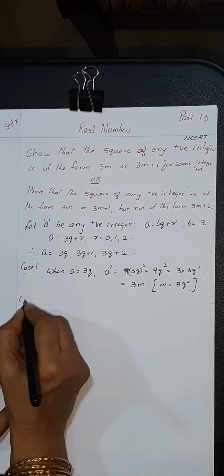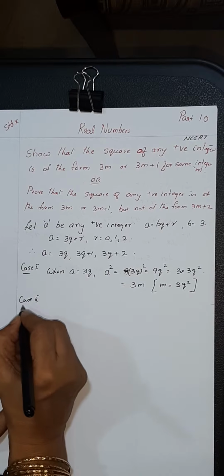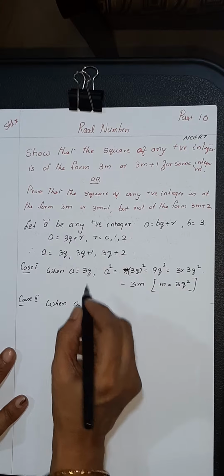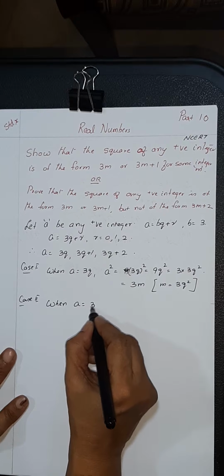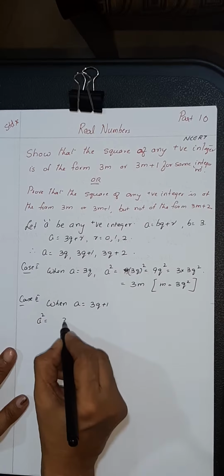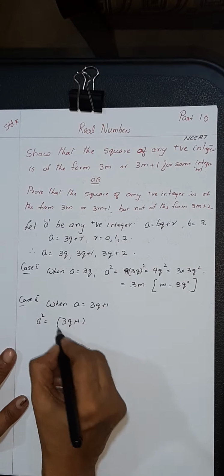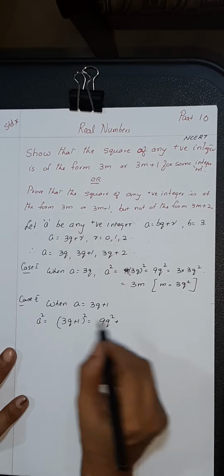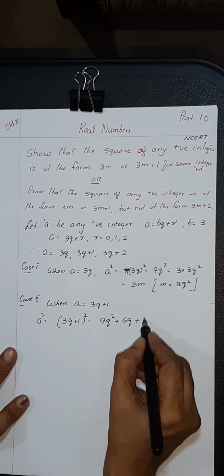Now when a is equal to 3q plus 1, a squared is equal to 3q plus 1 the whole squared. So this will become 9q squared plus 2 into 3, 6q, plus 1.